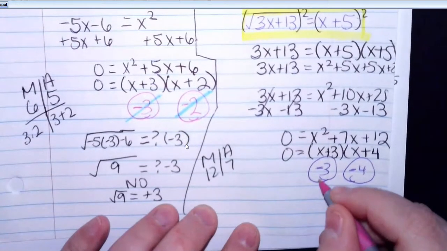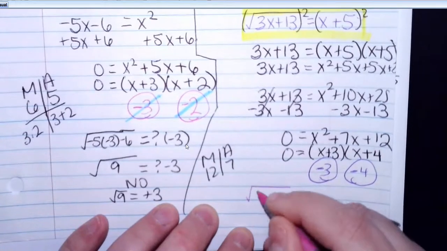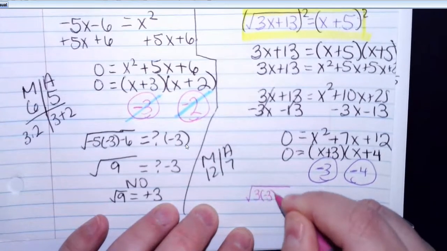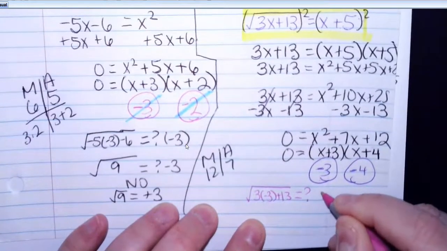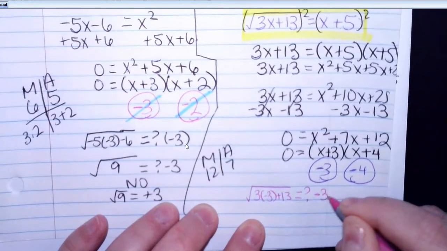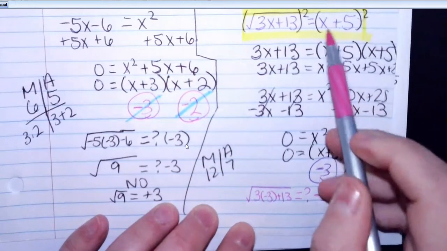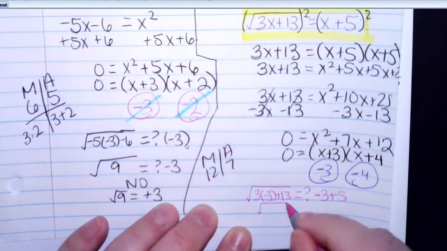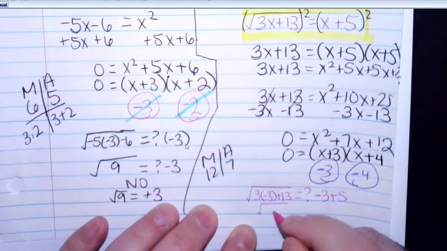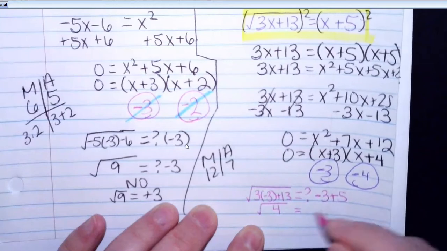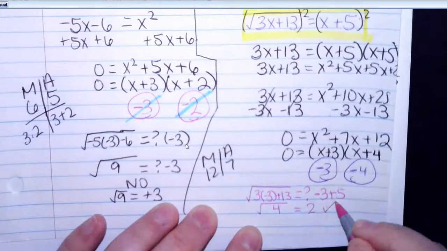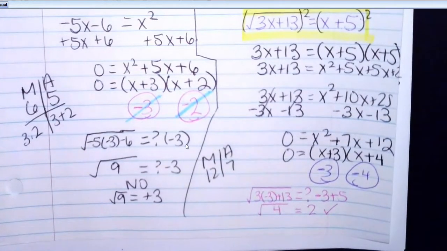If I plug in negative 3, we had 3 times negative 3 plus 13 under the square root. This was x plus 5, so that would be negative 3 plus 5. This is going to be negative 9 plus 13, which is 4, and this is going to be negative 3 plus 5, which is 2. This is true. The square root of 4 is equal to positive 2. So that negative 3 totally works.